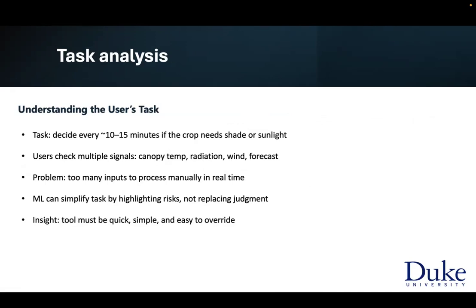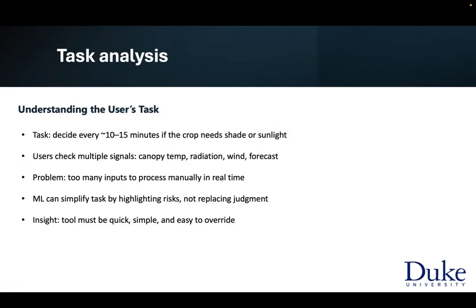The core task is quite simple to describe, but harder to do. We need to decide if the crop needs shade or light in every moment. Farmers look at many signals, and as I said before, they can track everything in real time.